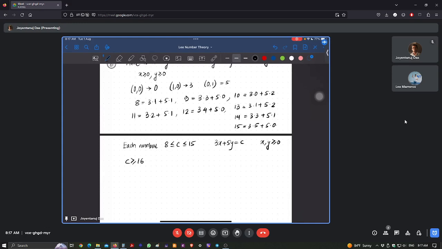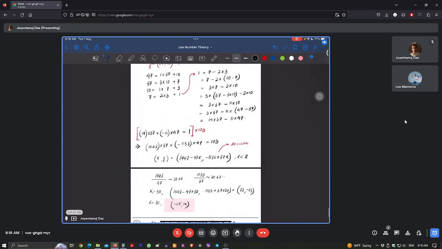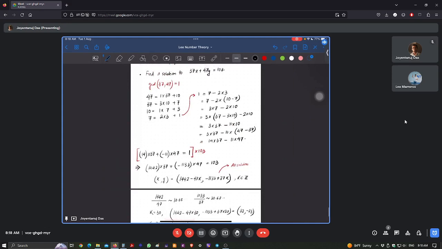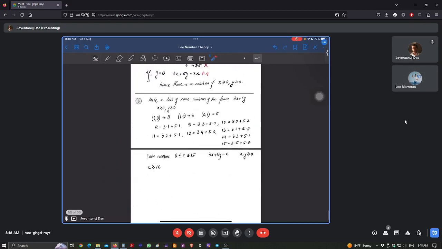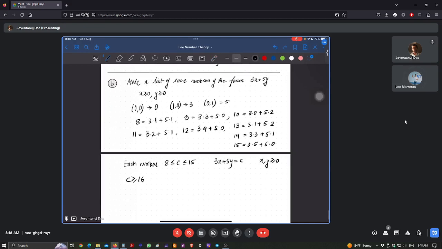But that does not ensure that both of them are non-negative. It gives one negative and one positive. So the Euclidean algorithm we cannot use here.